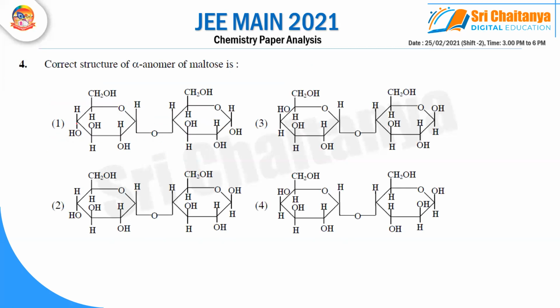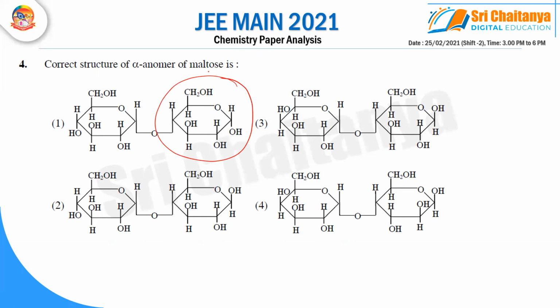Next, we have again something from biomolecules coming up. We have a maltose here. Now they are asking the alpha anomer of maltose. Now maltose is basically a disaccharide of 2 units of glucose connected via a glycosidic linkage between C1 of one glucose unit to C4 of the other glucose unit. So as we can see, this is a glucose.